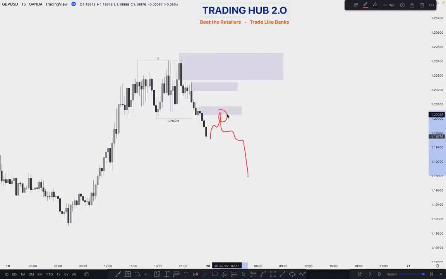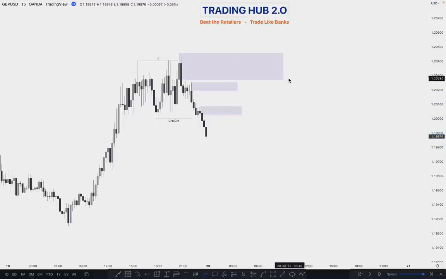Okay, and some people mark the premium and discount price and then wait for the mitigation of this zone. Okay, and they anticipate price to push downside, but in reality this area is high probability.